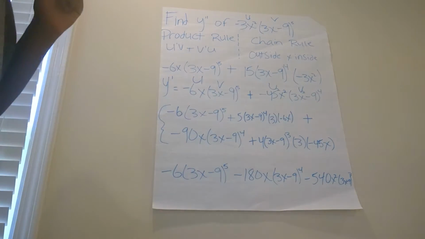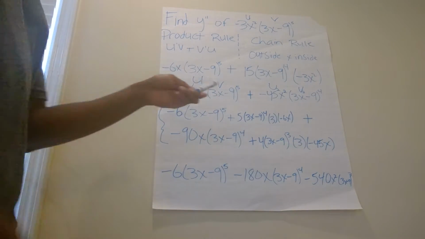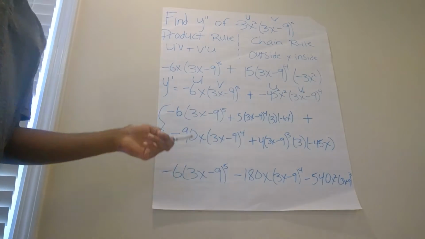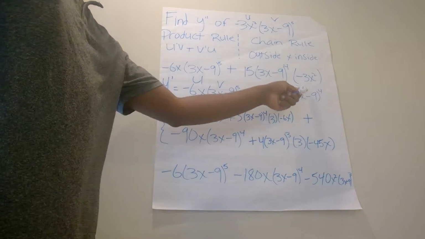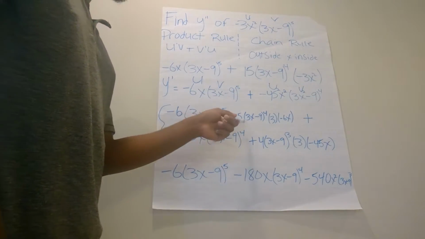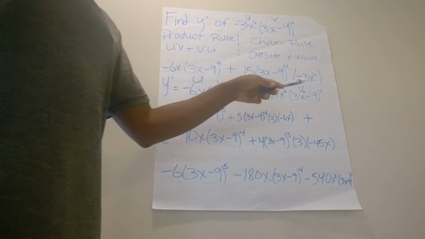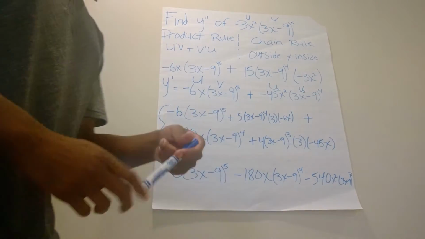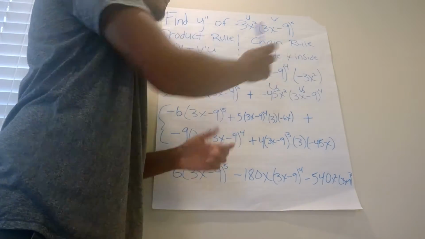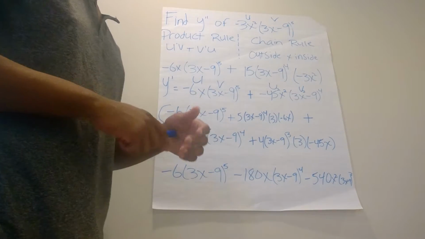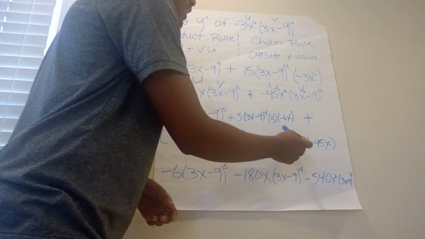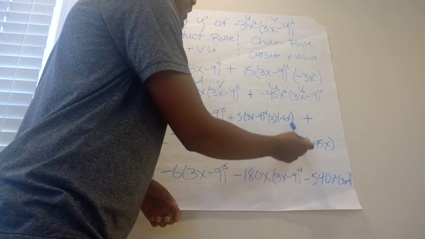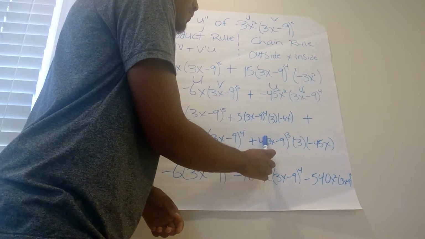So you would get the derivative of negative 45x squared is negative 90x, and you multiply that by our v2, which is (3x minus 9) all to the fourth. You take the derivative of (3x minus 9) all to the fourth, and you have to use the chain rule again. So we have the outside, which is 4, and 4 minus 1 is 3.